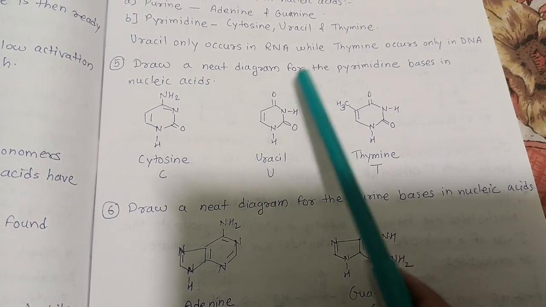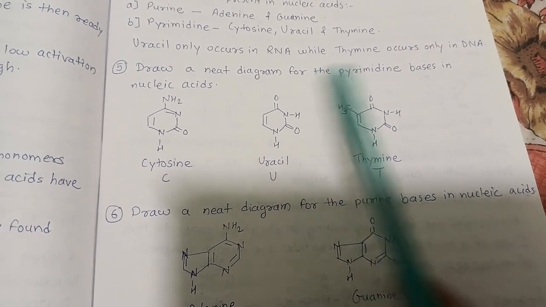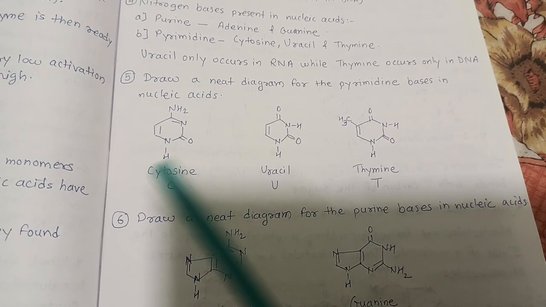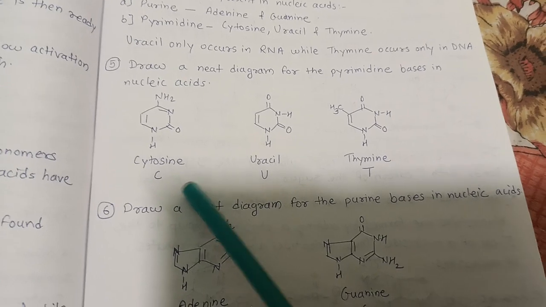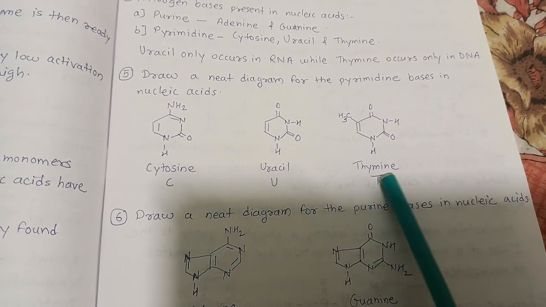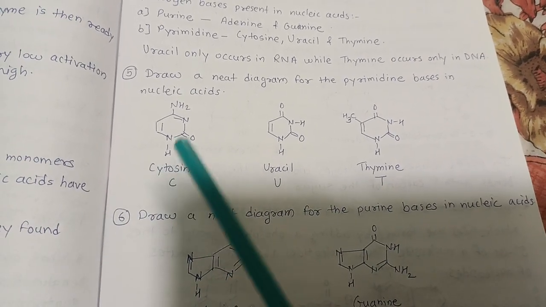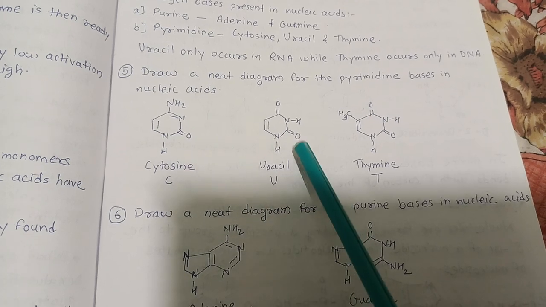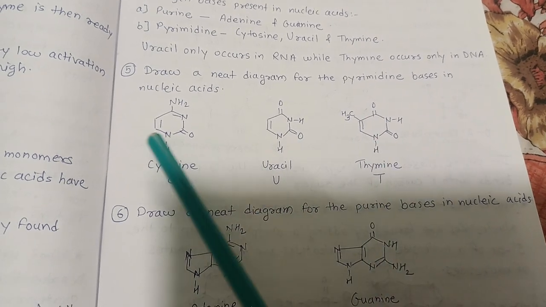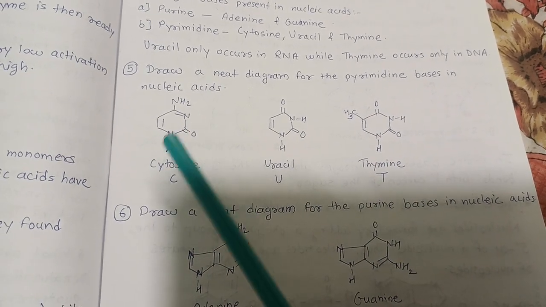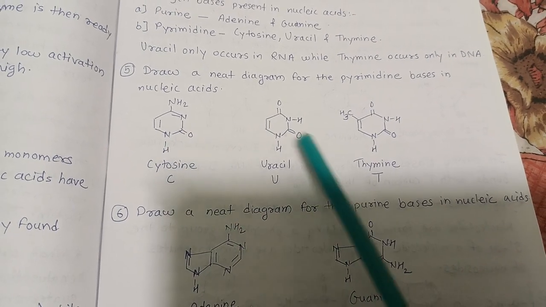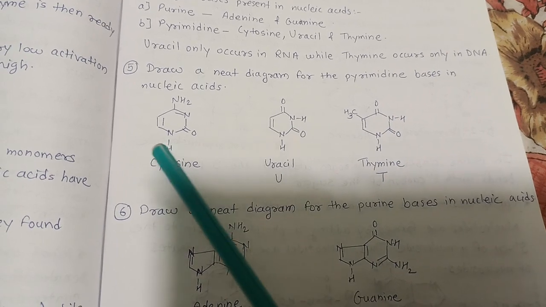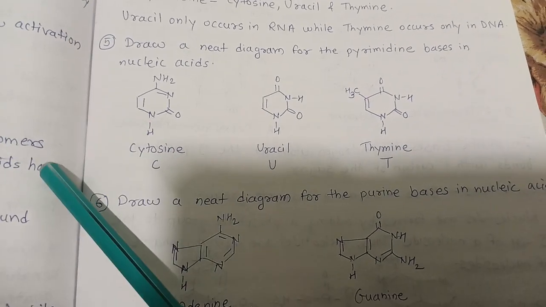First is diagram for a pyrimidine base. So these are three pyrimidine bases. See the first one, cytosine, then uracil and then thymine. So how you can draw pyrimidine bases? So these two nitrogens, okay, and in between them there is a carbonyl group, C double bond O. Nitrogen always makes three bonds.